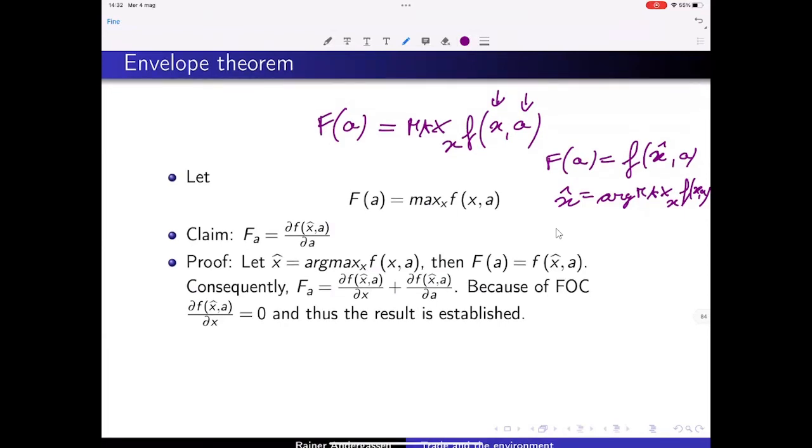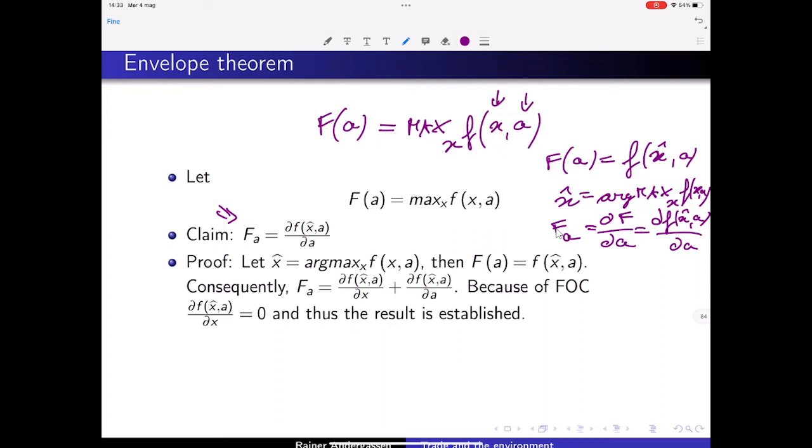Now the claim of the envelope theorem, very simple, is the following. In many cases we are interested in how F changes as a changes, so this is the derivative of F with respect to a. Then this is just the derivative of f with respect to a. That is to say, there is only the direct effect, there is no indirect effect.